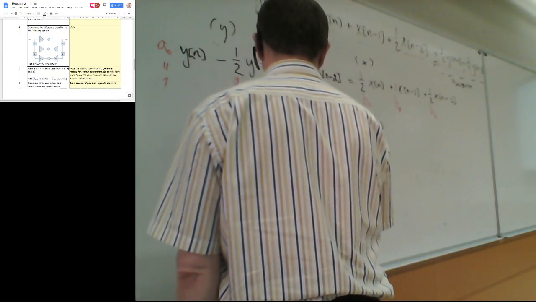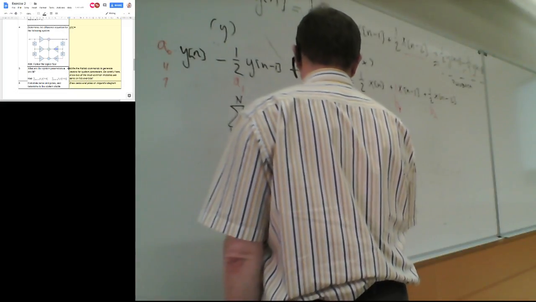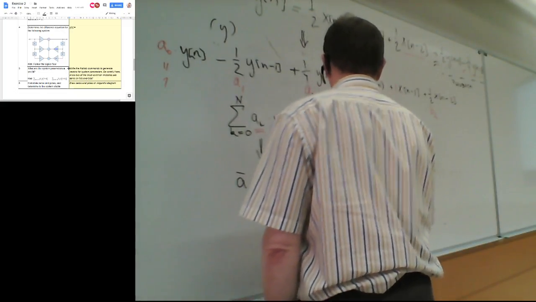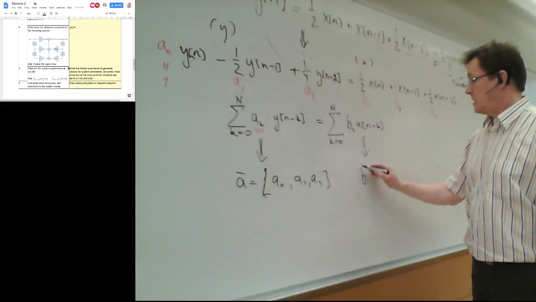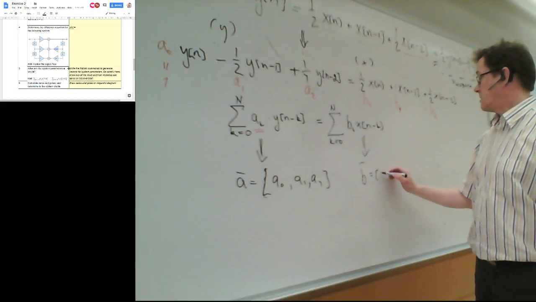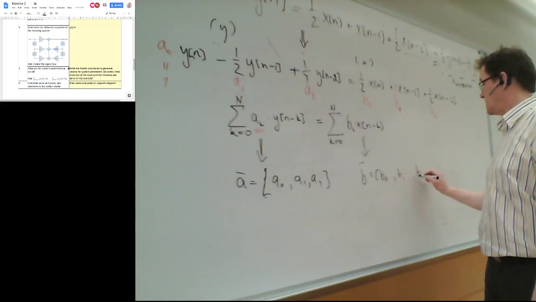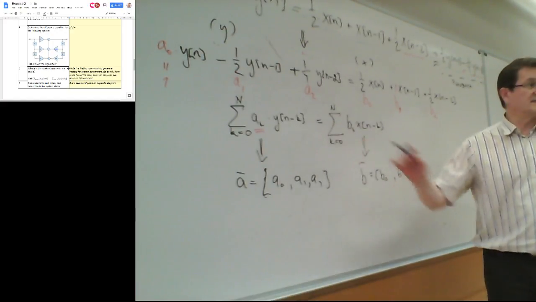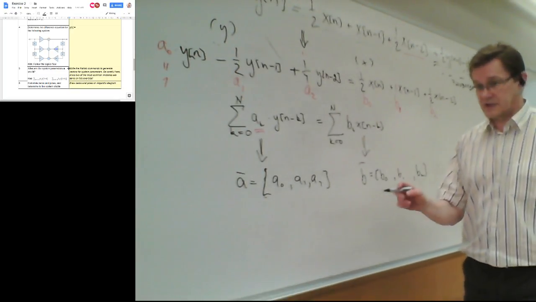So this one is actually a vector of a0, a1, a2, and those values will be b0, b1, b2. Those are the system coefficients or filter parameters, or system parameters, whatever you like, or the coefficient vectors.